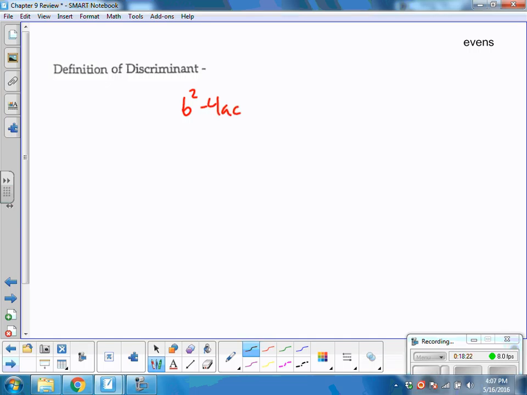And if you end up plugging in your b term, your a term, and your c term, and your result is positive, then that means you will have two solutions. If your answer is negative, that means there are no solutions. Now keep in mind, that doesn't mean 0. That means actually no solutions, and you'd write that down. If you simplify that out to the discriminant and you end up with 0, that would mean there is one solution.